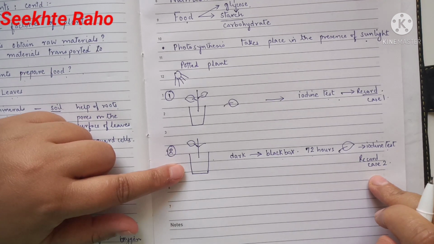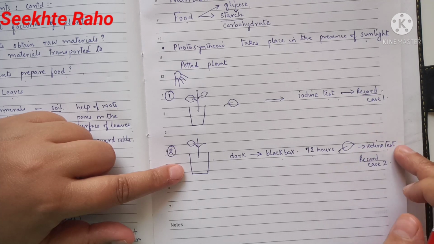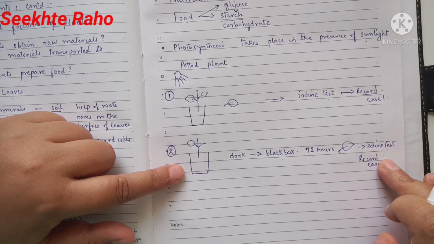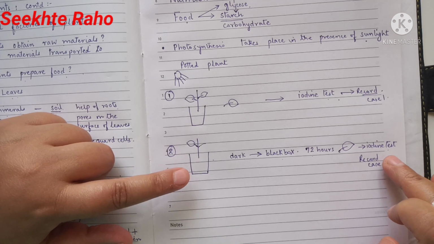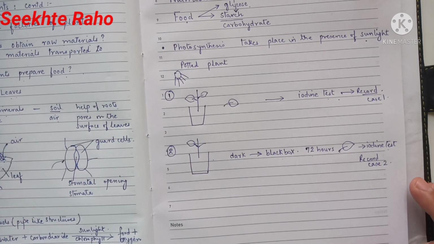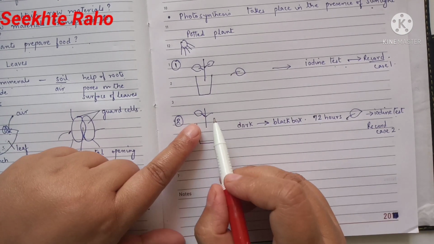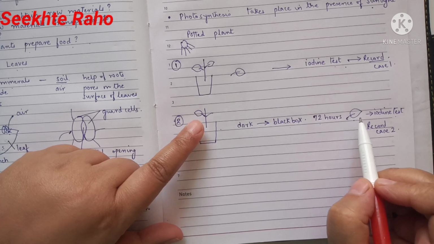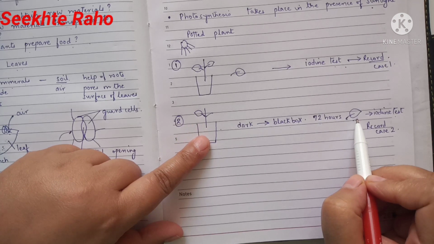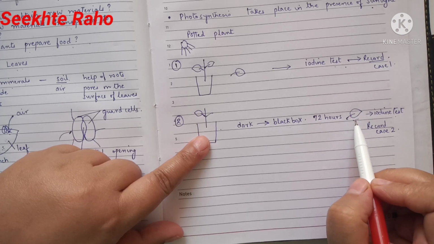Now children, in your CBSE NCERT book, it's only mentioned that we will perform the iodine test. I will explain what the iodine test is. Children, this leaf is green. We cannot directly perform the iodine test on this. For that, we need to remove the green color.